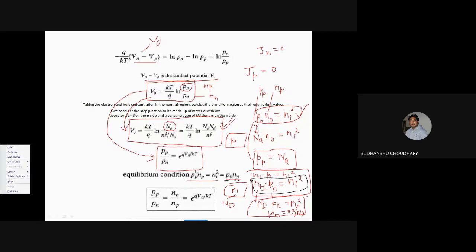From this, using these relations, one can find a relation between the holes in p-type and holes in n-type, which is equal to electrons in n-type divided by electrons in p-type, and that is equal to e to the power qV naught by kT. So we have another relation between the holes and electrons in p and n-type semiconductors with the built-in potential V naught.